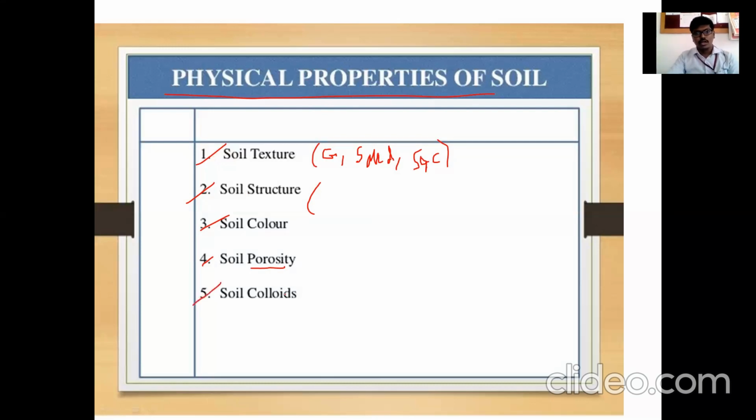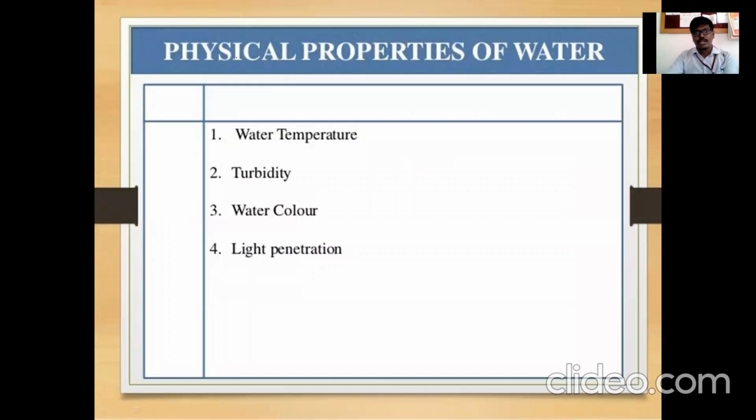And later on soil colloids, which are particles not separable by any ordinary filtration, like plastic, paper, or any foreign particles mixed in the soil. Coming to the next, physical properties of water, like water temperature, which should be taken care of, and turbidity.